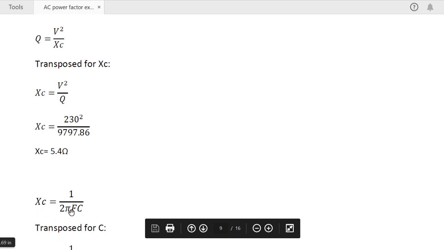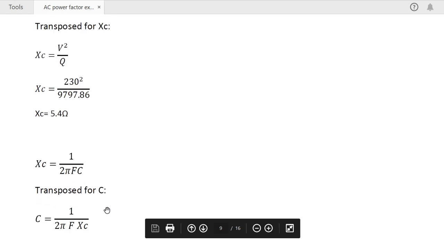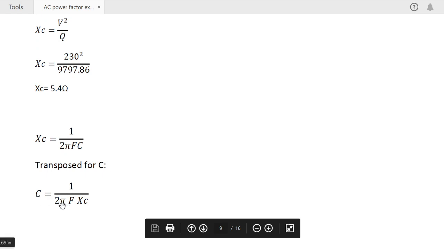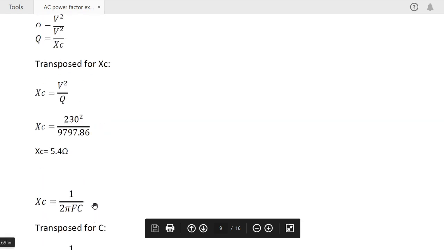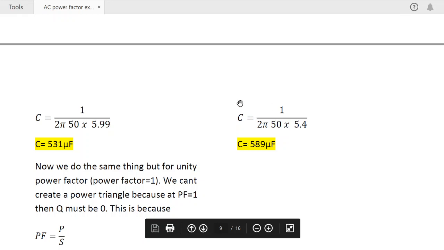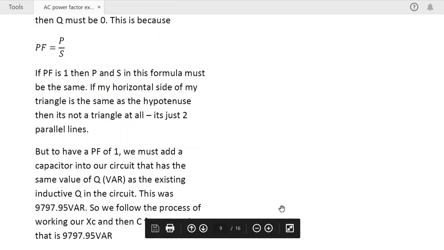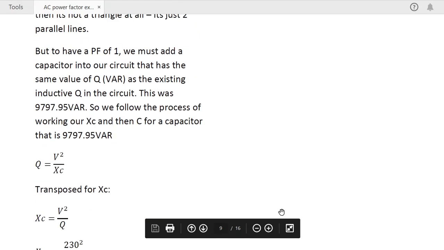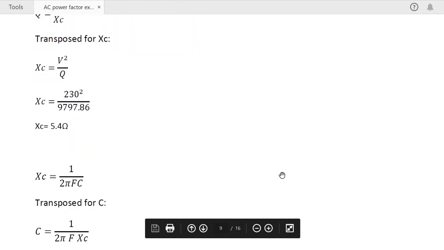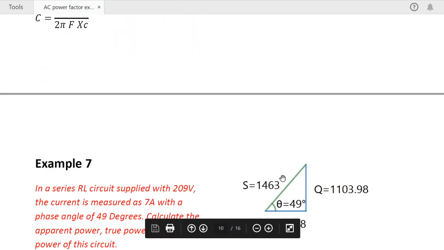We then use the formula for XC, 1 over 2 pi F C, transpose it for C: C equals 1 over 2 pi F times XC. We substitute in 50 Hertz and 5.4 ohms, which gives us a capacitor of 589 microfarads. So that means that if we put a 589 microfarad capacitor into our circuit, then the power factor will now be unity, which means that our apparent power and true power are the same. So we only pay for exactly the power that we use.